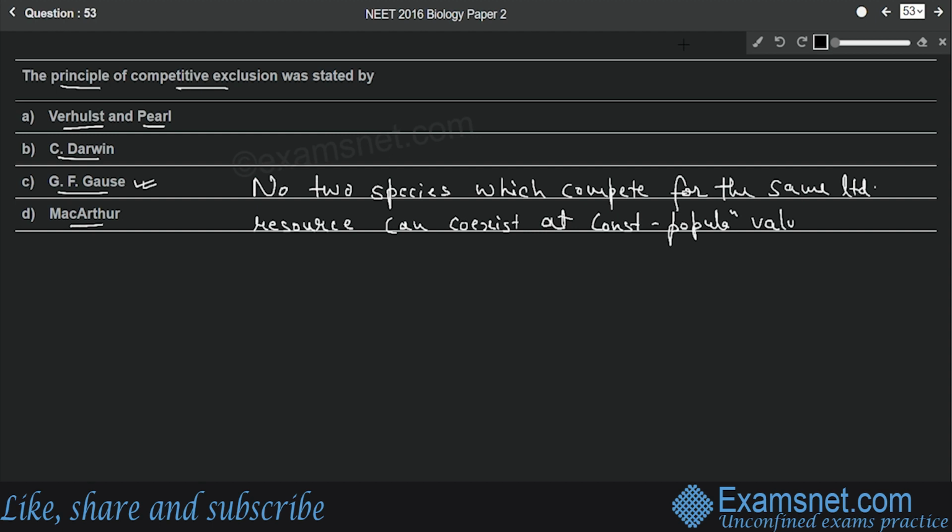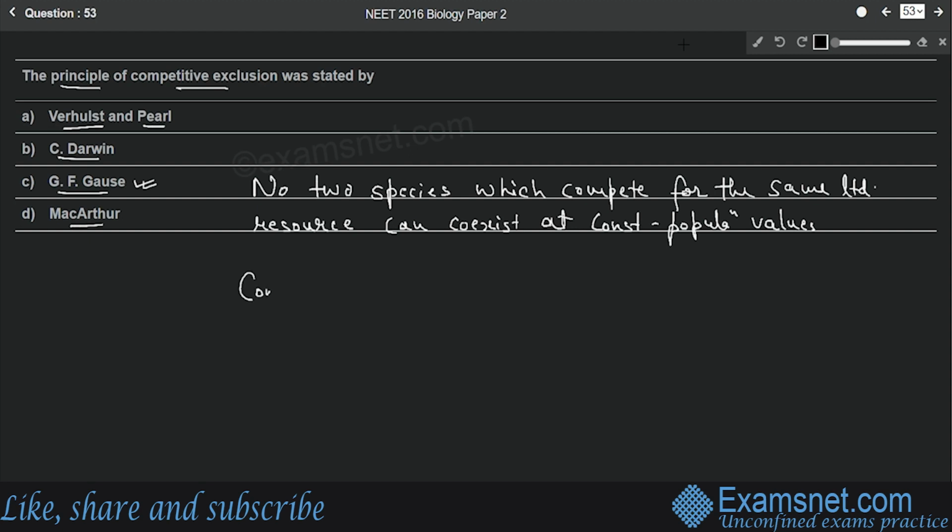That means if there are limited resources in a region and two species are competing for the same resource, then they cannot coexist. And eventually what will happen? The competitively superior one will eliminate the inferior one.